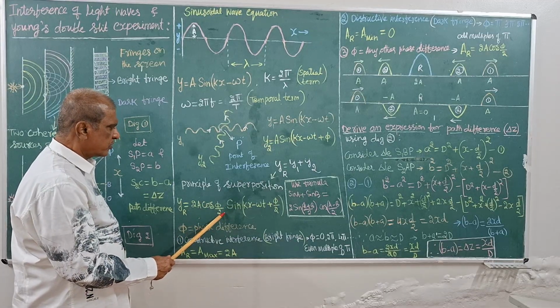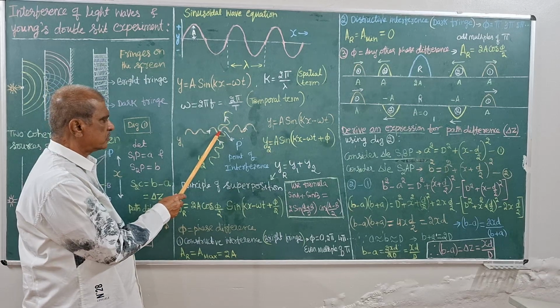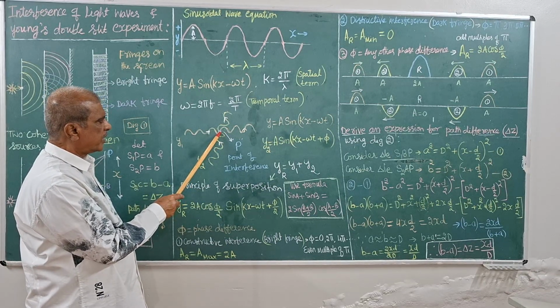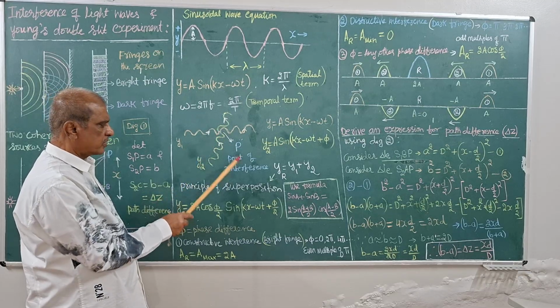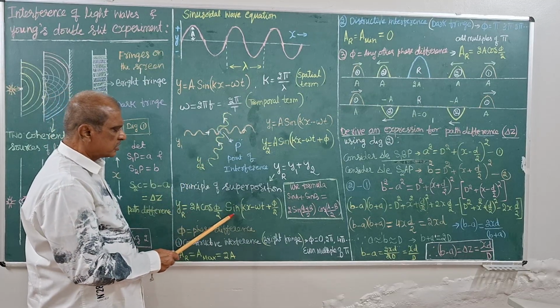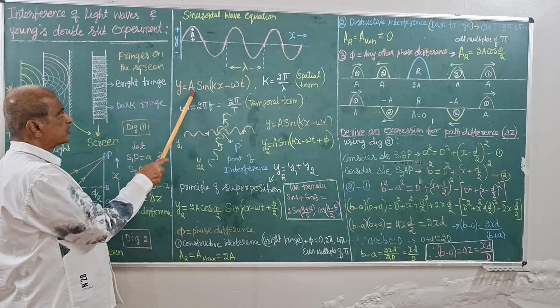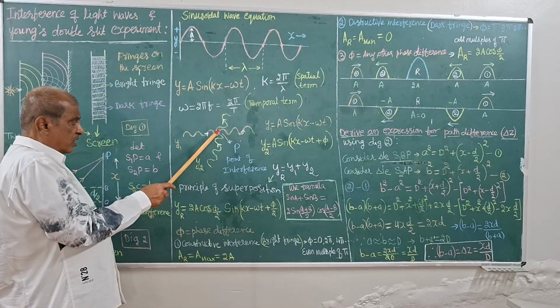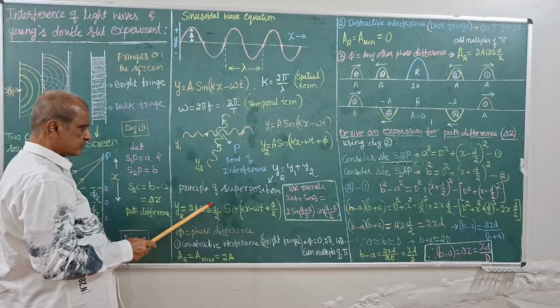Compare this equation to the sinusoid, because whether it is superimposed, that is, combined or apart, it always follows the wave equation, which is the sinusoidal wave equation. This is the sine wave and the remaining part should be the amplitude. So this resultant amplitude of the two waves due to interference is this.